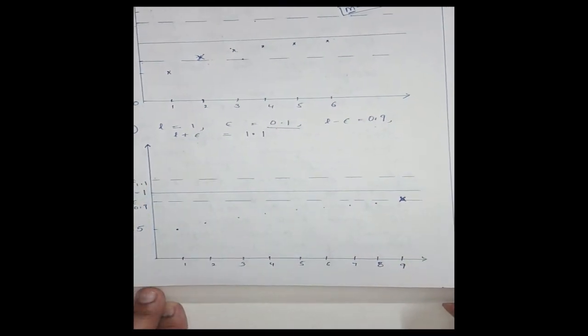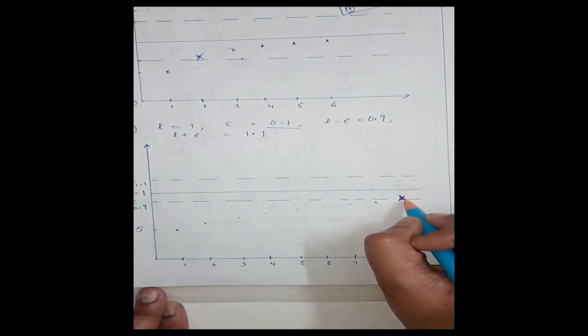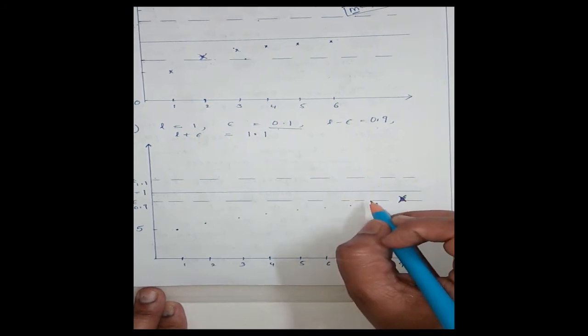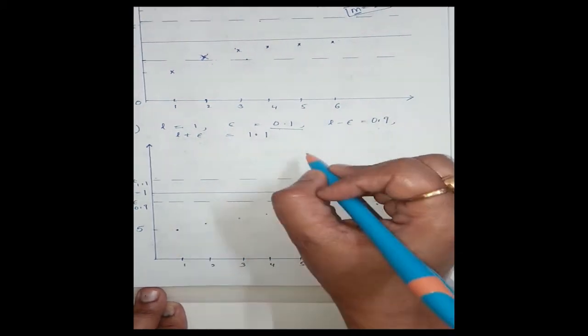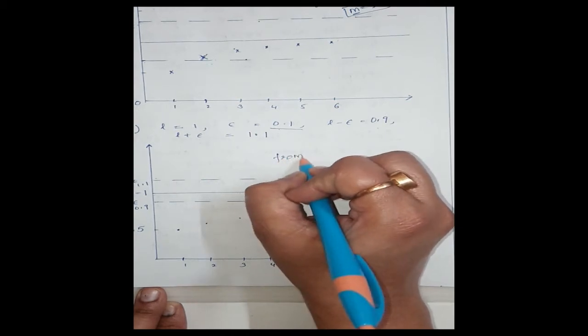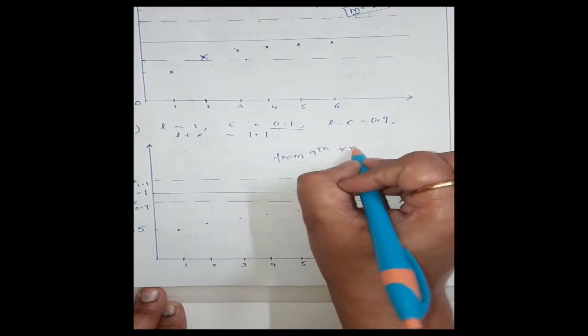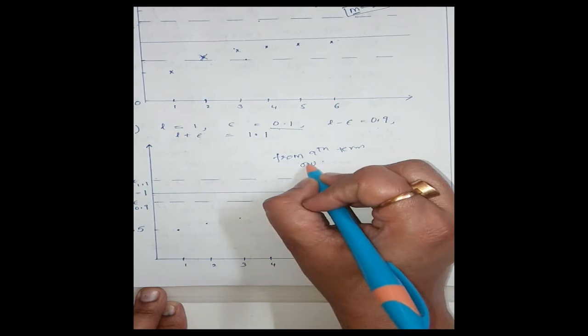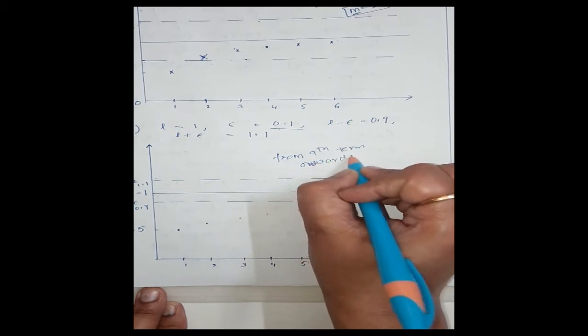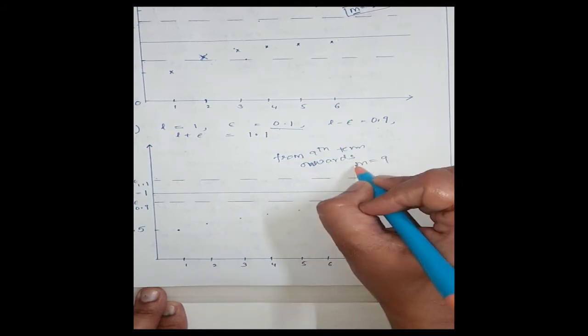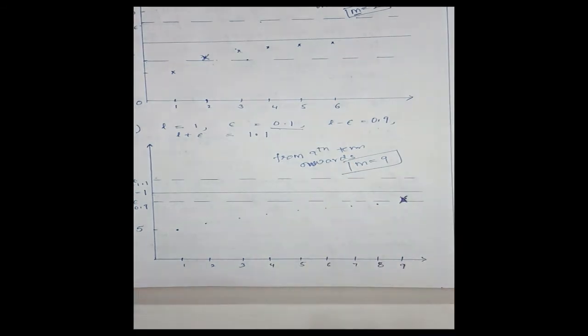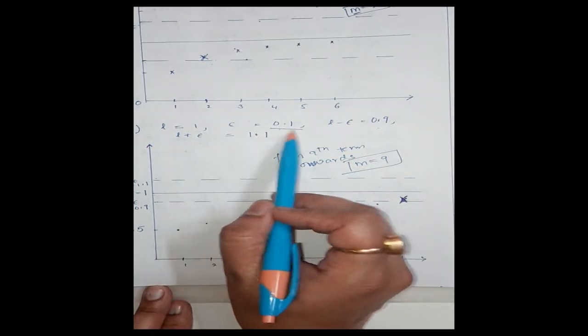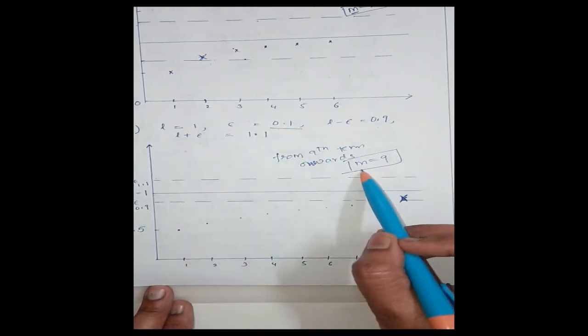Then we see here that from the 9th term onwards, the terms of the sequence lie within the strip. This means here we have taken M to be 9. Okay, here M is 9.